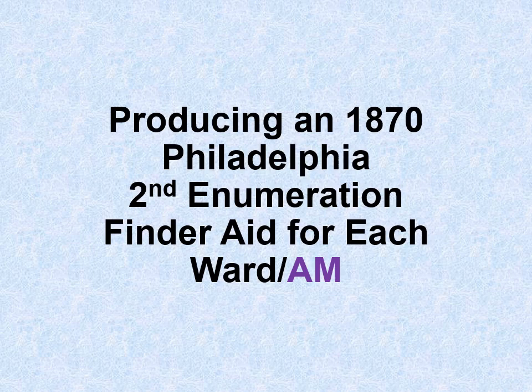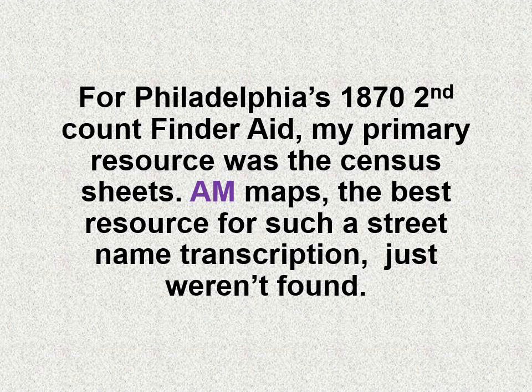Okay, the last thing I want to talk about is how I produced the 1870 Philadelphia second enumeration finder aid for each Ward AM. How did I get a street list for each of these? For Philadelphia's 1870 second count finding aid, my primary resource, as I've been emphasizing, was the census sheets, AM maps.